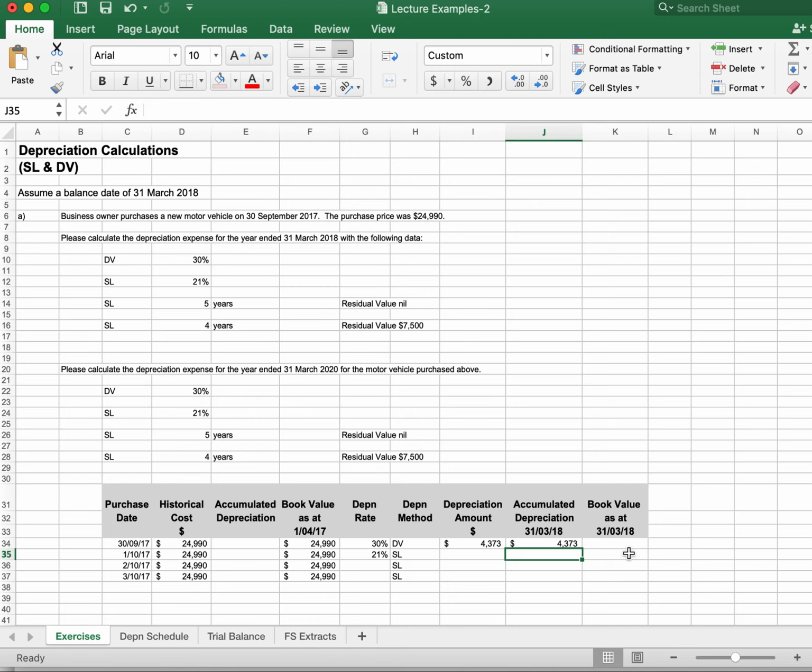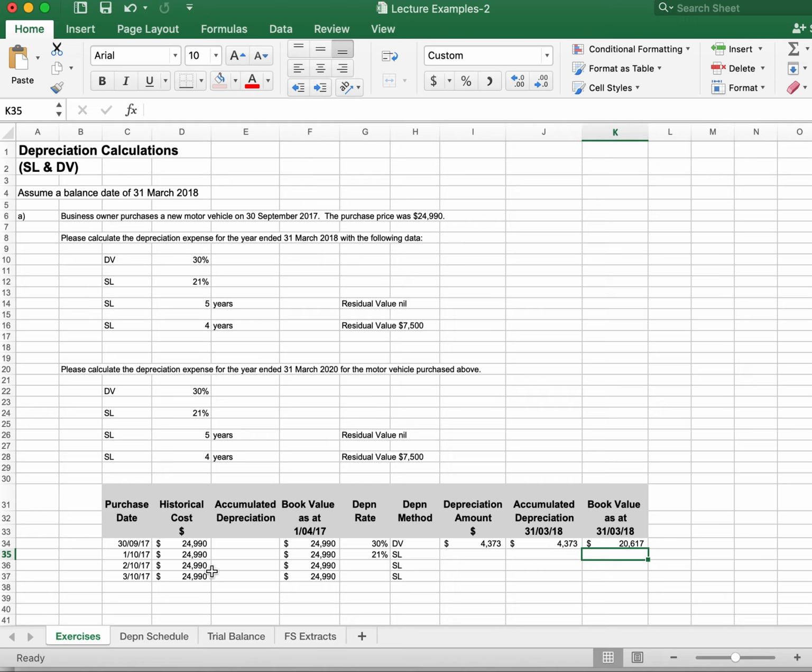And the book value is either the opening book value less the current depreciation, or it's the historic cost less the full depreciation. Both will give you the same result. So if I go, what's the total cost less the total accumulated depreciation, that will give us the book value.